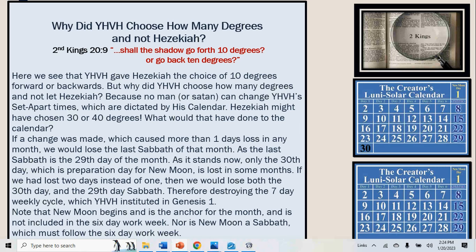If we had lost 2 days instead of 1, then we would lose both the 30th day and the 29th day Sabbath, therefore destroying the 7-day weekly cycle, which Yah instituted in Genesis 1. Note that new moon begins and is the anchor for the month, and is not included in the 6-day work week, nor is new moon a Sabbath, which must follow the 6-day work week.